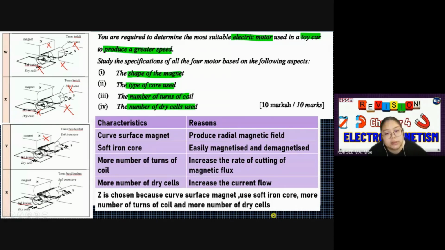Then finish. This characteristic and reason are already 8 marks. Then Z is chosen is another mark. Then this repeat is another mark. So the choosing and repeating are almost together. If you choose wrong, that means you repeat wrong also. So this is what you need to know for the essay question.